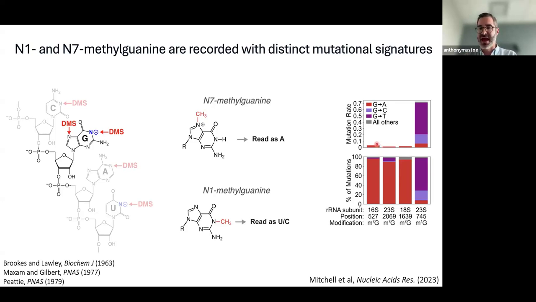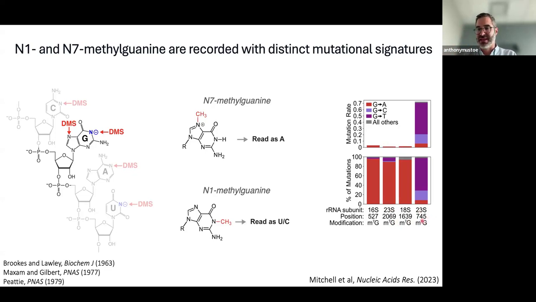But the caveat is that we're reading these out at very low efficiencies, right? These are modifications that we know are installed with basically 100% stoichiometry. So G to A does seem to be unique to M7 modifications.